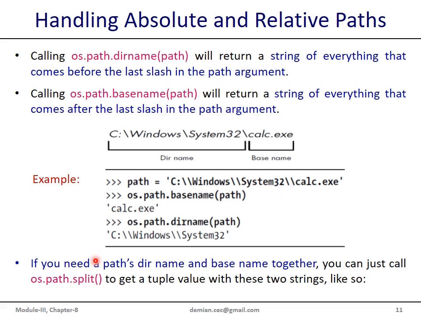And if you need both the directory name of the path as well as the base name together, then you can call the split method of os.path to get a tuple value having the directory name as well as the base name. Let us take up the example.